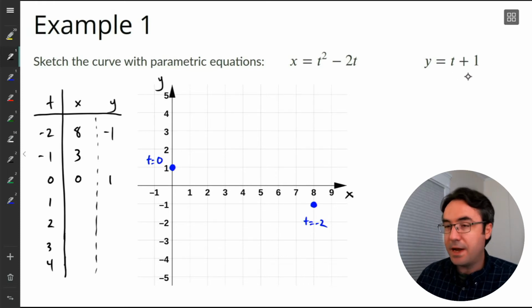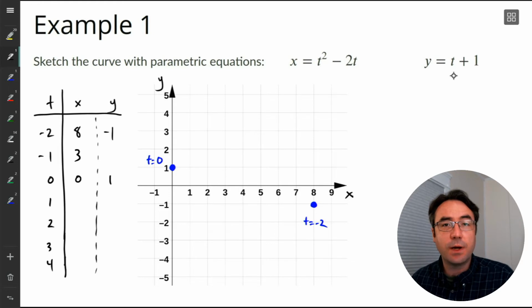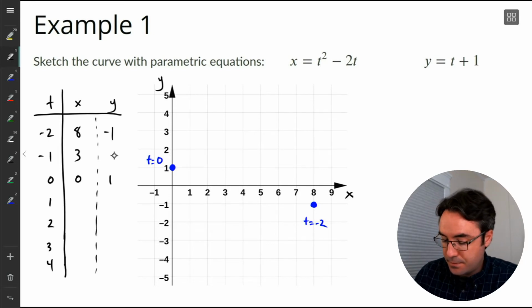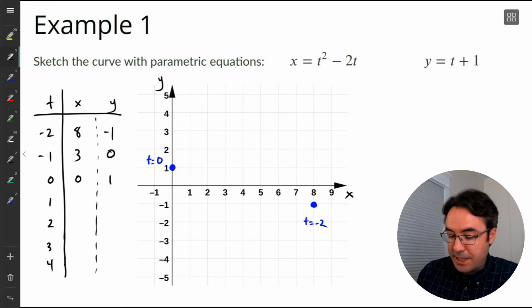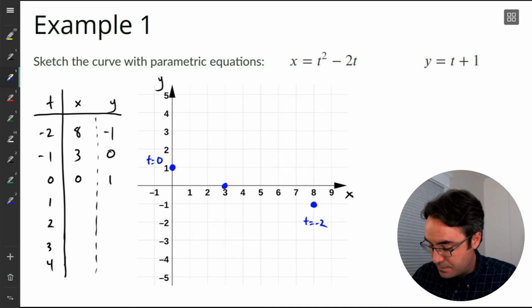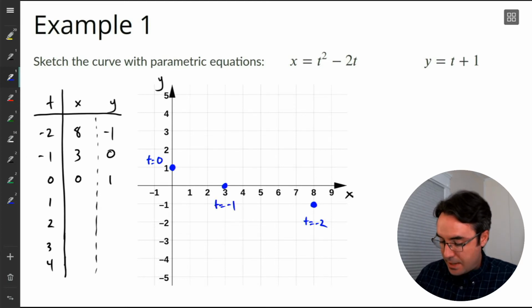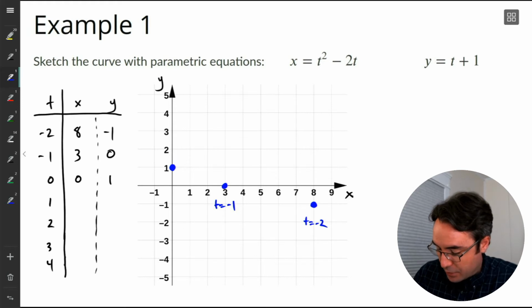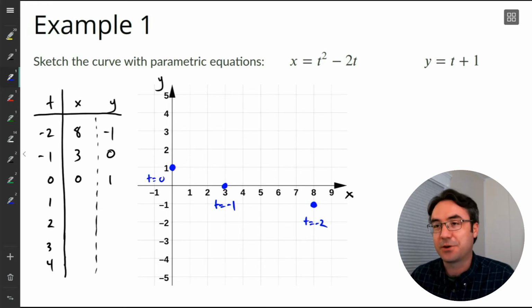And then our y value, we get -1 plus 1, so we get 0. So let's plot that point on our curve. We're at point 3, 0. And this is at -1. And I want to move my label here, because our curve's actually going to go through there.